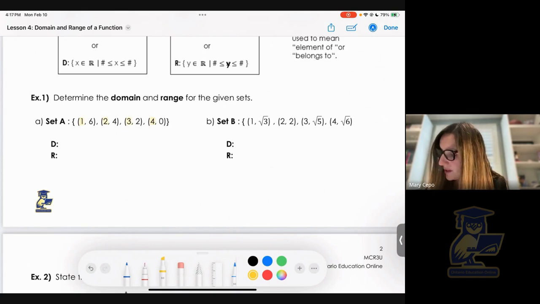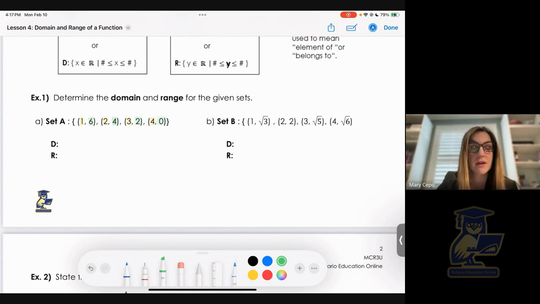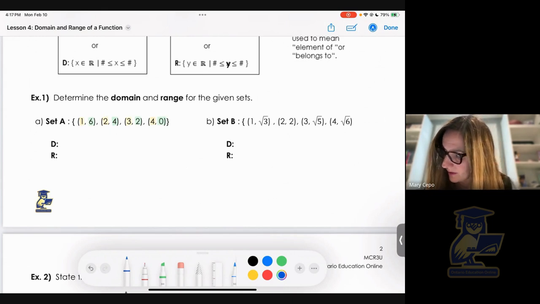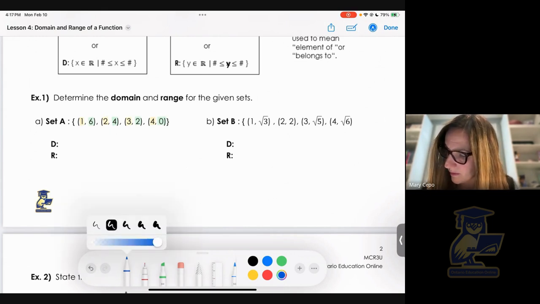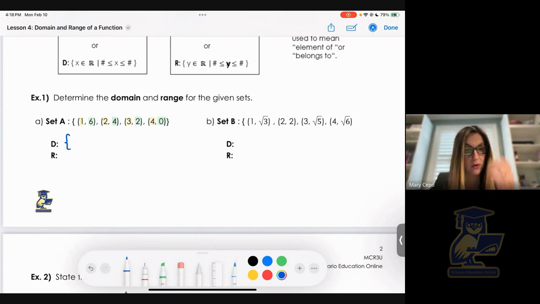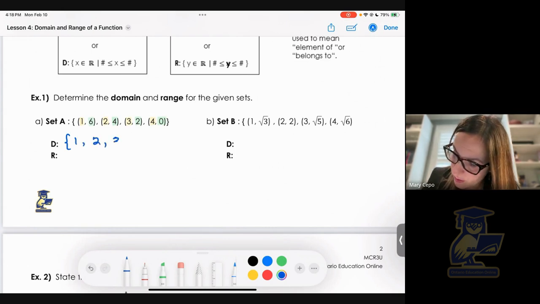All my x values are the first number in the ordered pair, just like the alphabet, x comes before y. Because I'm only given a certain amount of ordered pairs, I'm going to list them, and always list them in increasing order. So in this case, we can say 1, 2, 3, and 4.